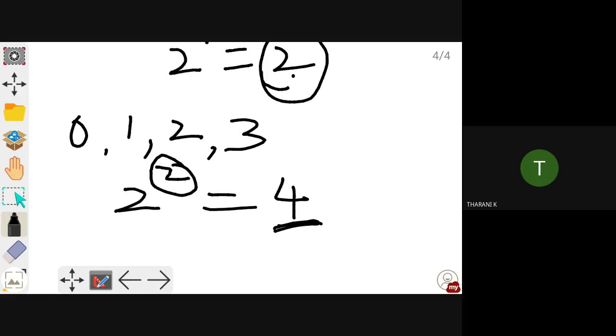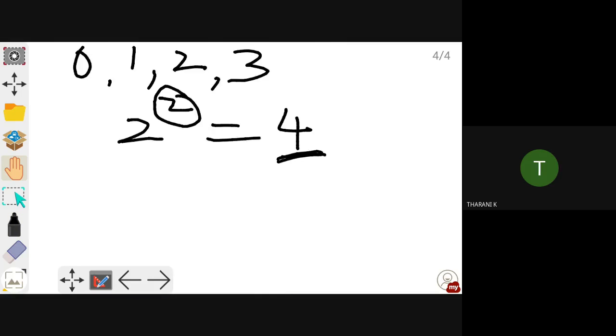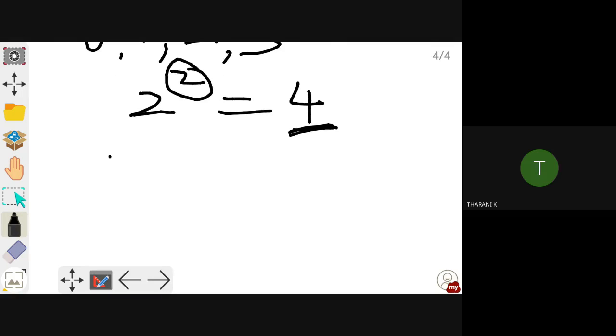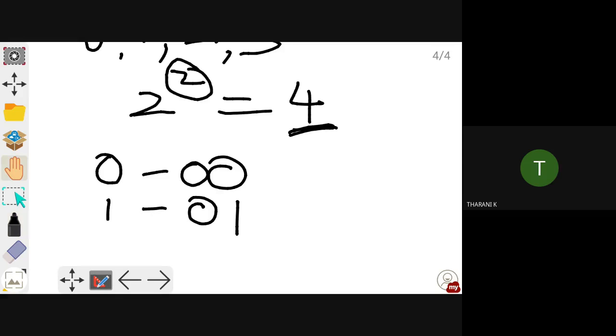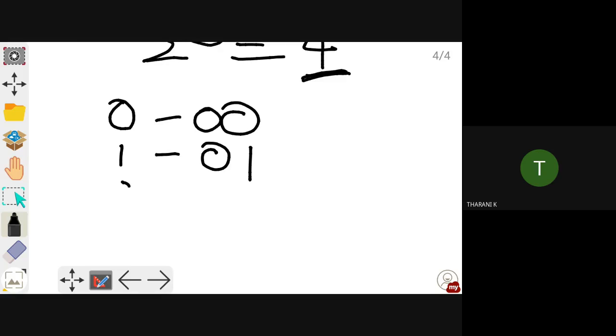For example, 0 is represented by 0 0, 1 is represented by 0 1, 2 is represented by 1 0 and 3 is represented by 1 1. So you require 2 bits to represent 4 digits.